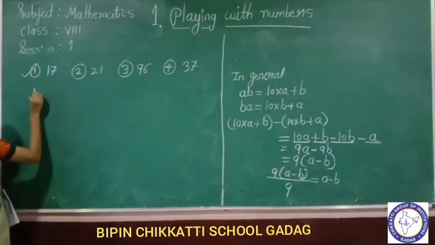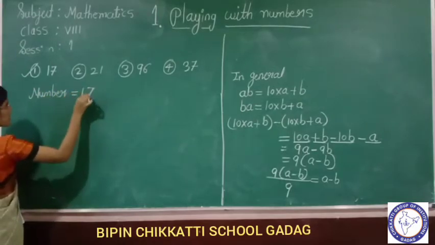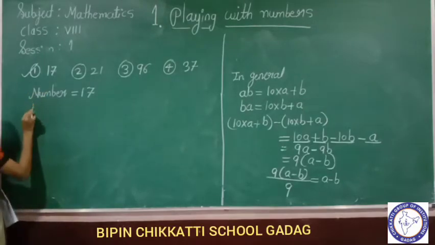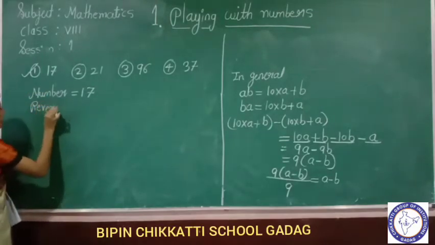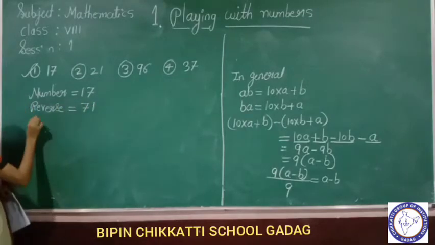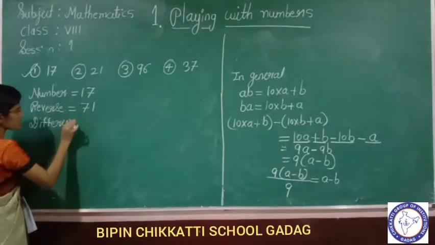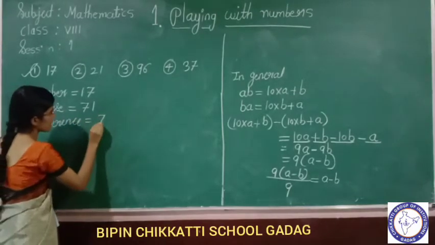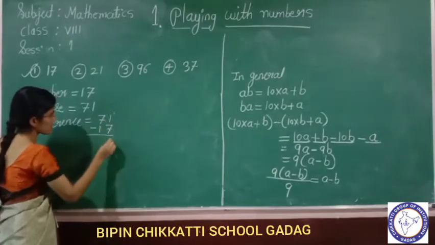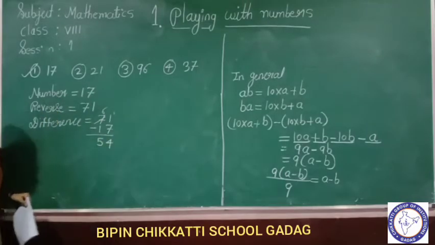Take the number, it is 17, and reverse it. If we reverse, we are getting 71. Take the difference. Difference means subtraction. 71 minus 17: 11 minus 7 is 4, 6 minus 1 is 5, 54.